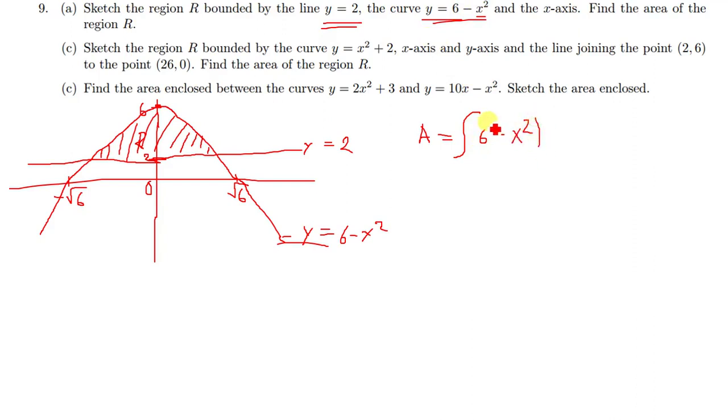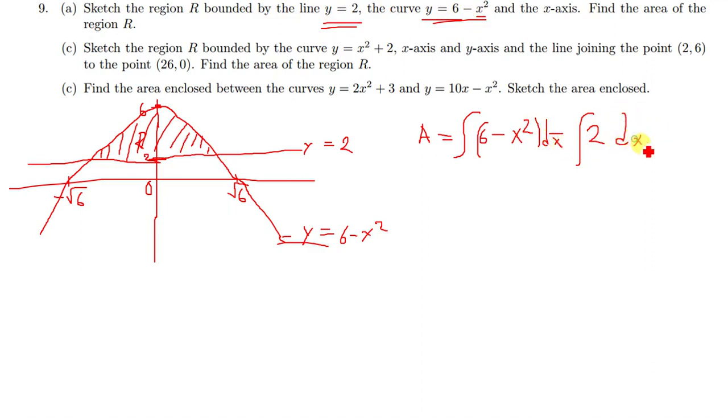And then we subtract the integral of the line which is below the other, which is 2. Of course, don't forget that we are integrating this with respect to x.